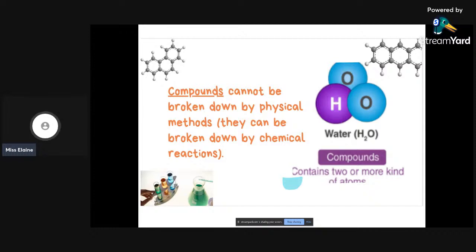If you have any idea regarding this characteristic of compounds, let me know. Maybe the best that you can do is give me some instances or examples about this characteristic of compounds.